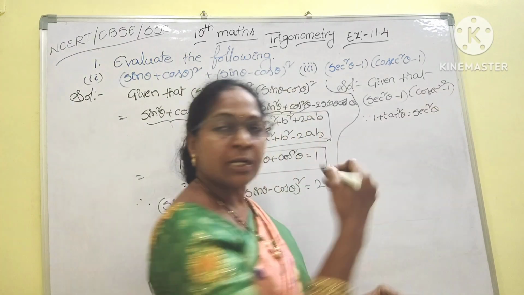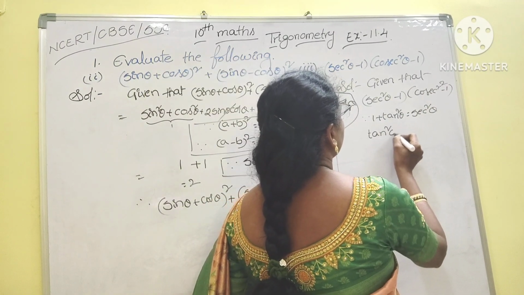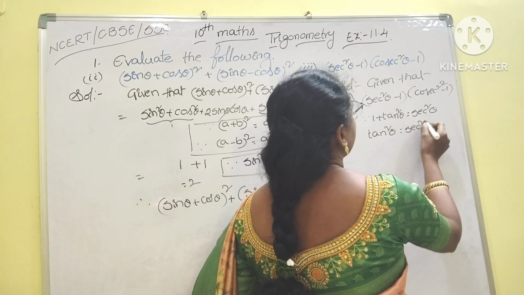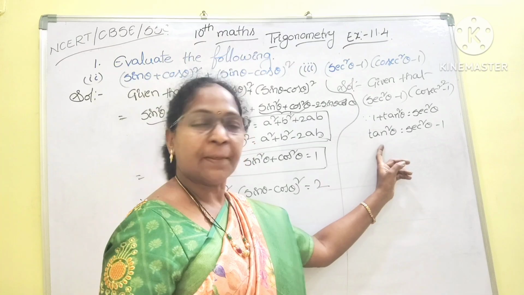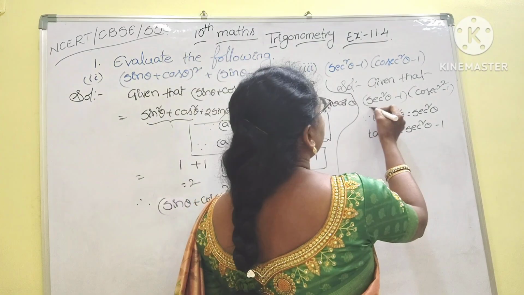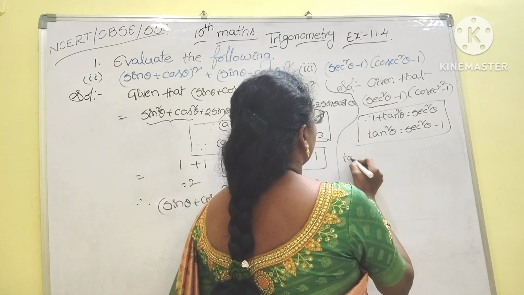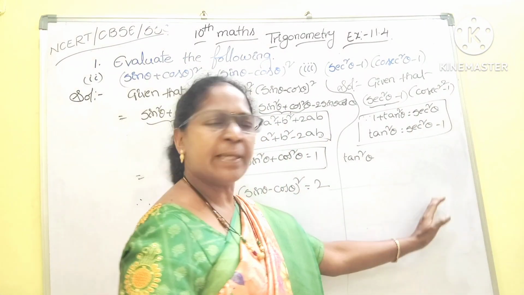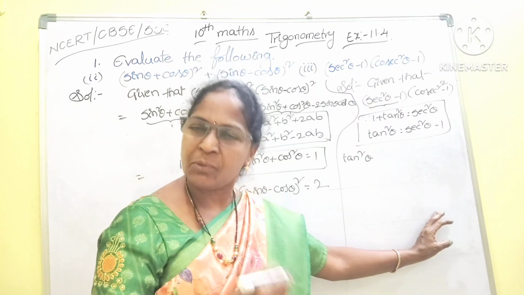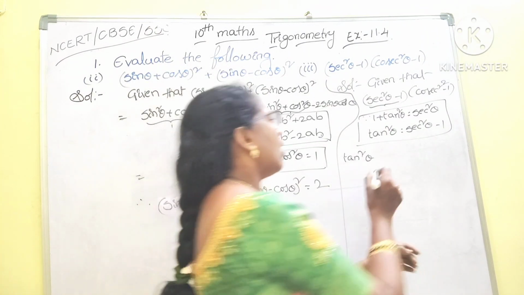Just transfer 1 to the other side. Now tan square theta equal to secant square theta minus 1. Instead of secant square theta minus 1, you can substitute tan square theta. So according to this identity, that value equal to tan square theta. And for cosecant square theta, similarly 1 plus cot square theta equal to cosecant square theta, where cosecant square theta minus 1 equal to cot square theta.